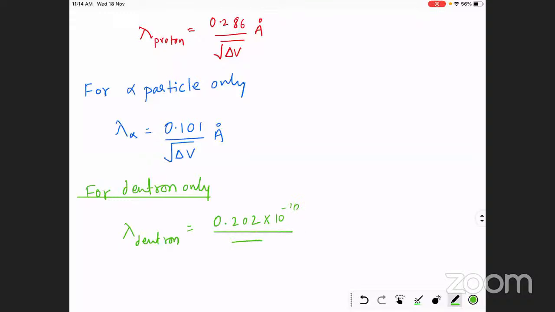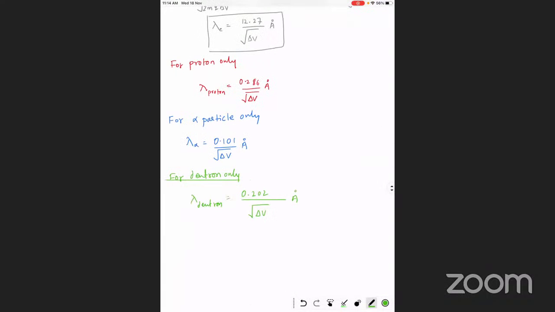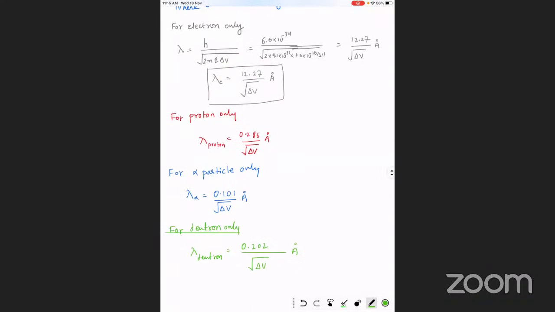And hydrogen has only 1 proton. Angstrom. So if possible, you can keep these formulas in your mind to calculate very fast the de Broglie wavelength of a charged particle. You can get the answer very fast if you keep these formulas in your mind.